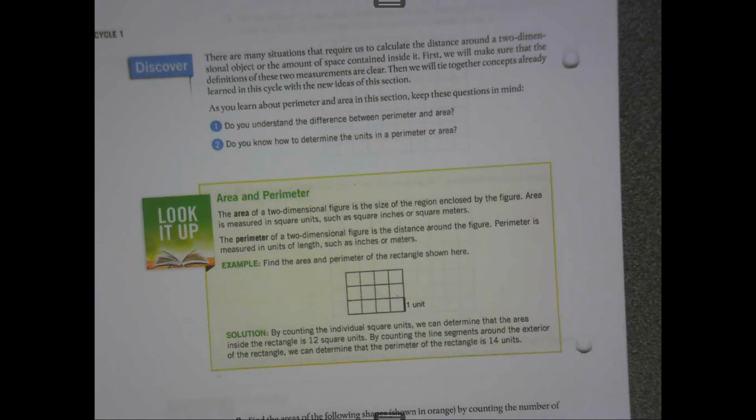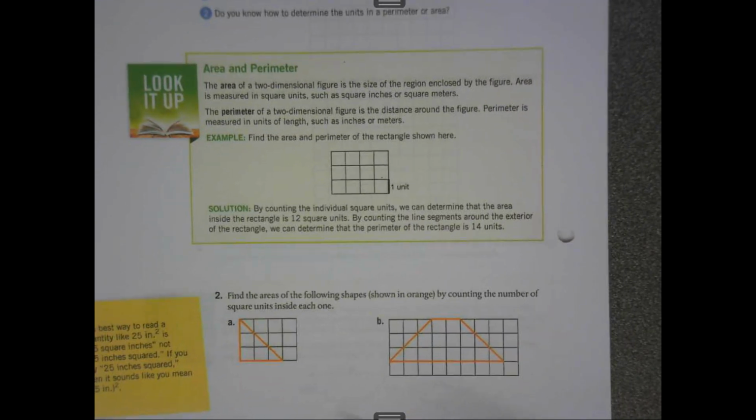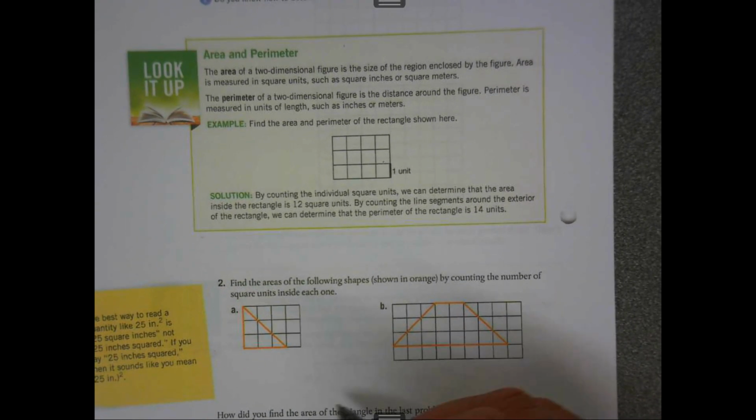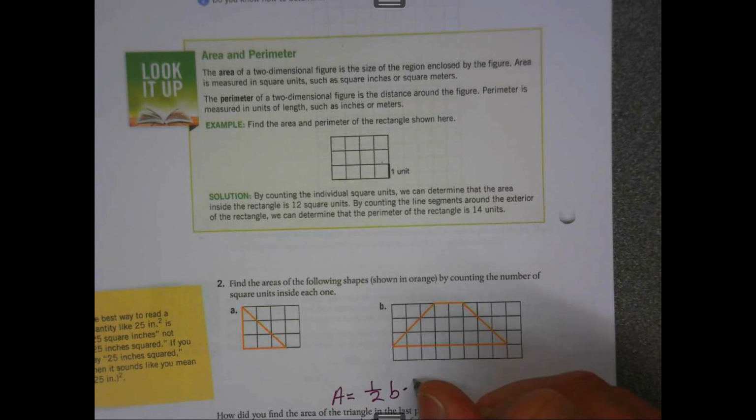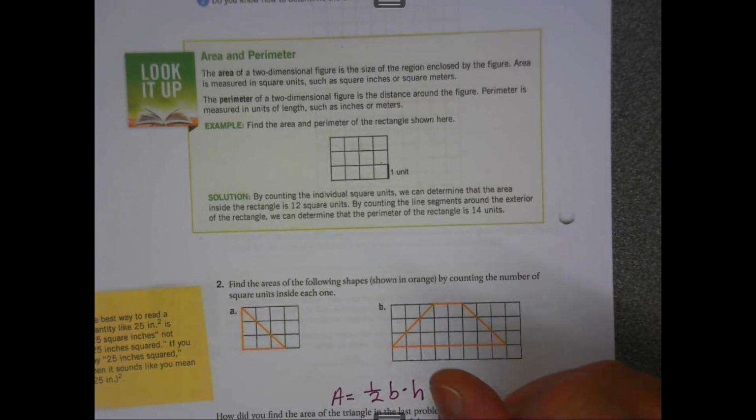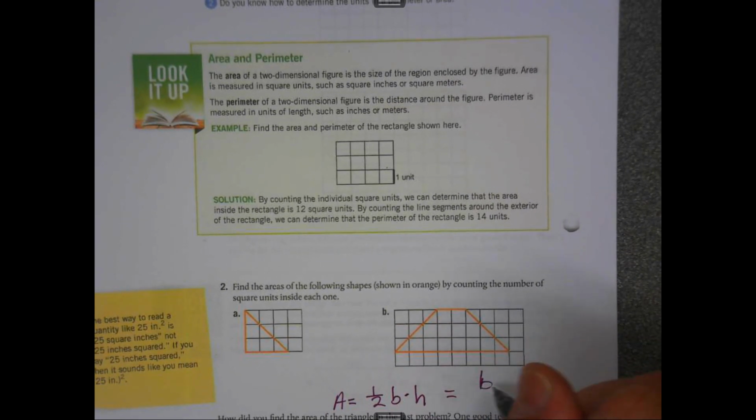We'll use the formulas. Again, we're going to use just formulas for areas of triangles. Area of a triangle is 1/2 base times height, or length times width, or base times height divided by 2. It's area of a triangle.